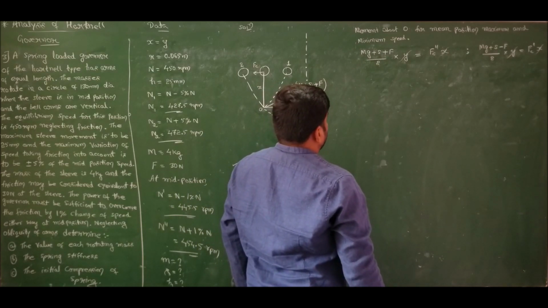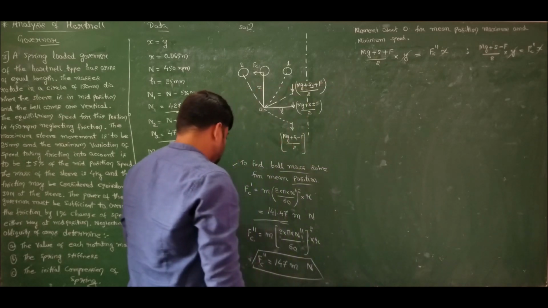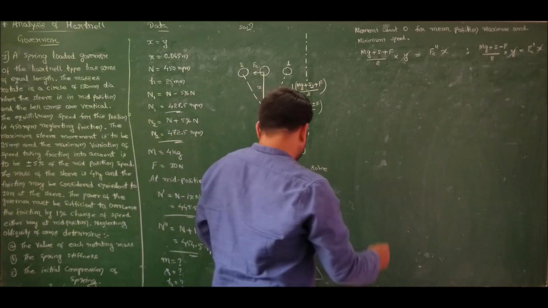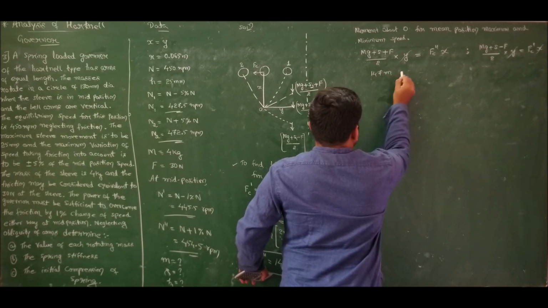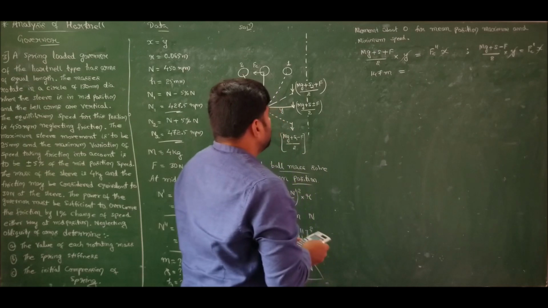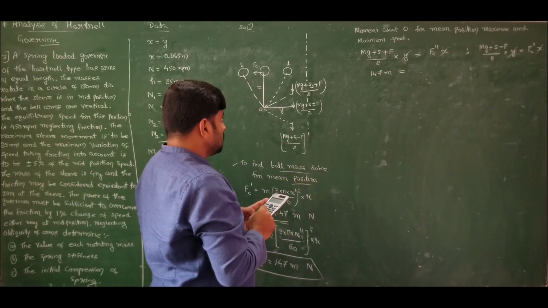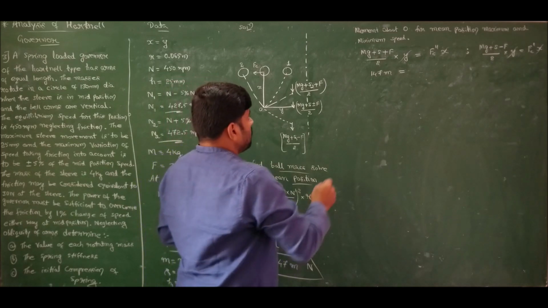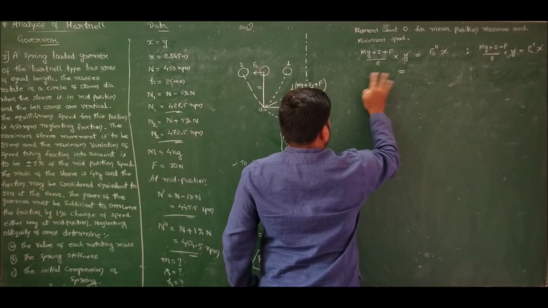Hence, I will get Fc double dash, which is 147 m, equal to mg plus s plus f by 2. Let me multiply 2 this side, to avoid confusion, let me solve properly.